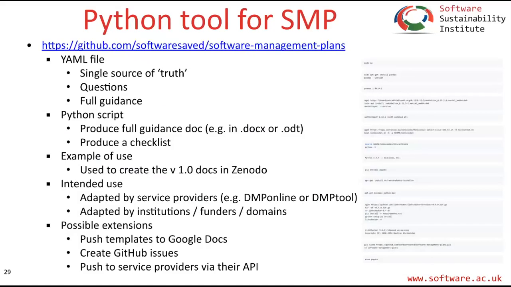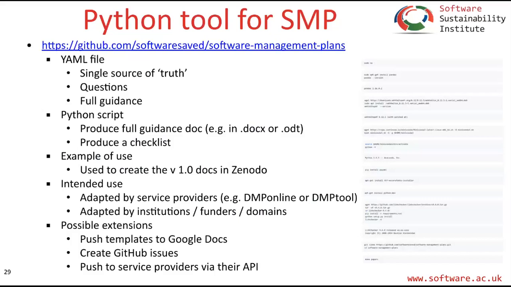Okay, in terms of tooling for SMPs, there's a GitHub repository here, which is run by the Software Sustainability Institute, and this was used to help generate the report that you see in Zenodo. So there's a single YAML file here, which is the single source of truth, as it were.